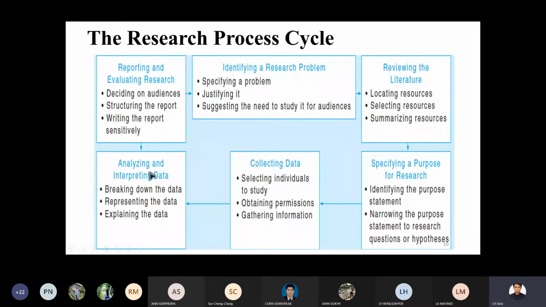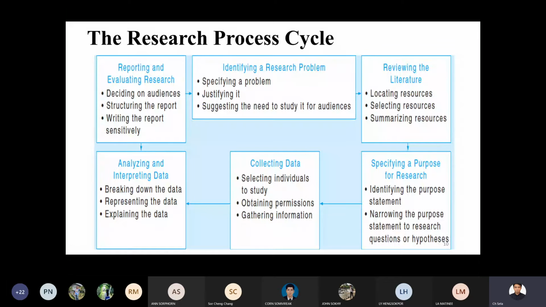Okay, then analyzing and interpreting data. Analyzing and interpreting data depends on your research design. If your research design is qualitative, then you are likely to describe the answers, or the data that you get from your participants, your sample.